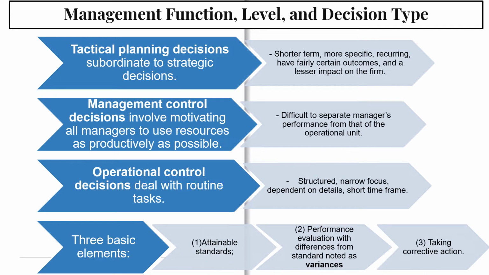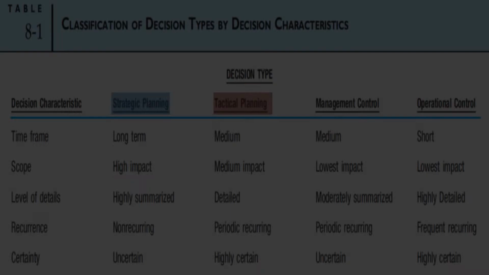Number one is attainable standards. Second is performance evaluation, with the differences from the standard noted as variances. Lastly is taking corrective actions at the operational level.